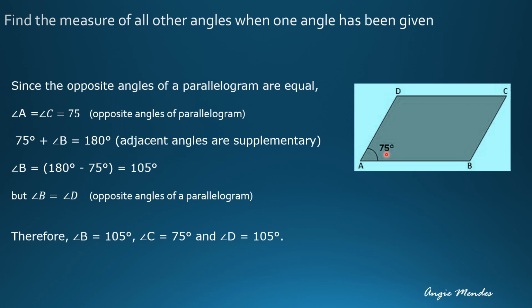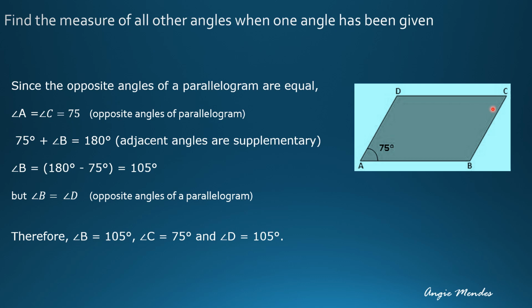Now since the opposite angles of a parallelogram are equal, angle A is equal to angle C. So measure angle C will also be equal to 75 degrees. The reason? Because the opposite angles of a parallelogram are of equal measure. So we have found the measure of angle C.